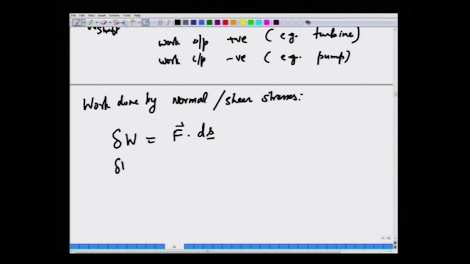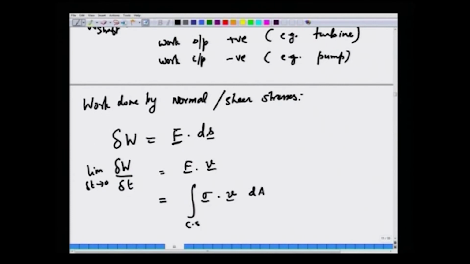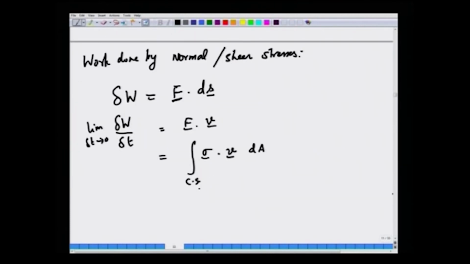The rate at which work is done, del W by del t, limit del t going to 0, is nothing but F dot v. So, let me denote all vectors with an underscore, F dot v. Okay. So, F is nothing but the stress vector that is acting on the surface dotted with v, but you have to integrate it over the entire control surface, okay, where there is flow as well as there is motion.